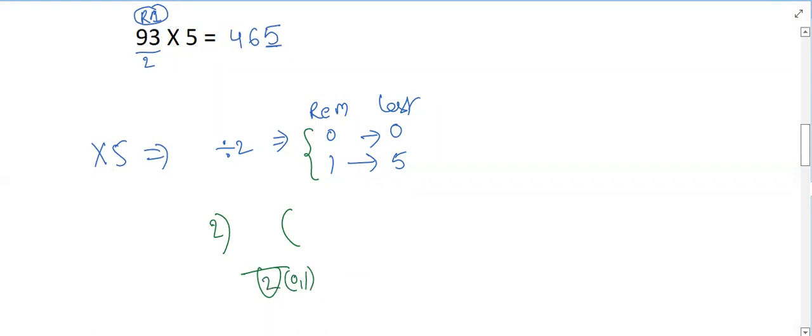You will continue your division again. So remainder 0, last digit 0; remainder 1, last digit 5. Understood, sir. Whenever you are given an even number, you'll get 0 in the end place. Whenever you are given an odd number, you'll get 5 in the end place.